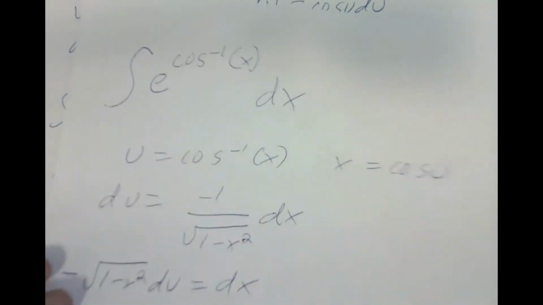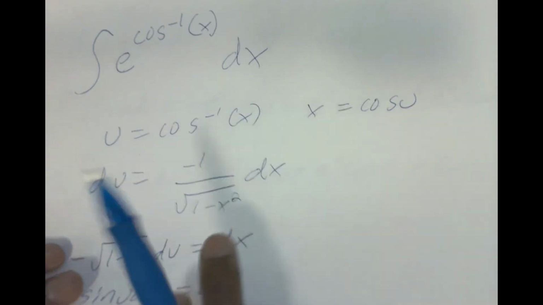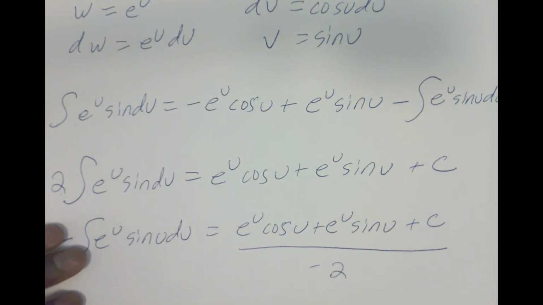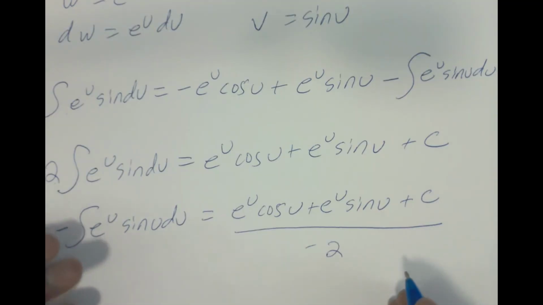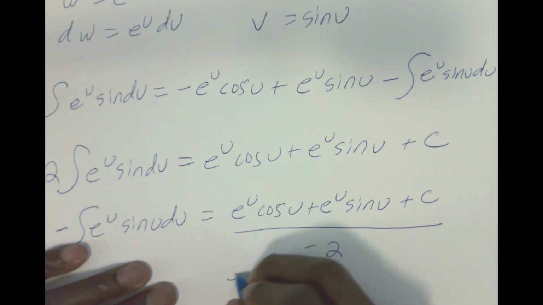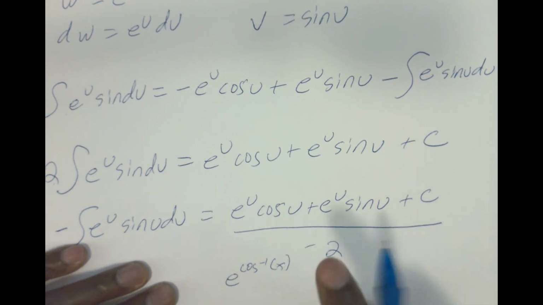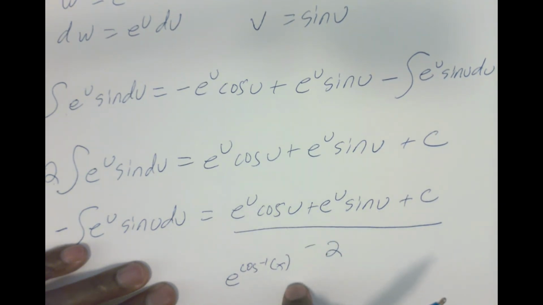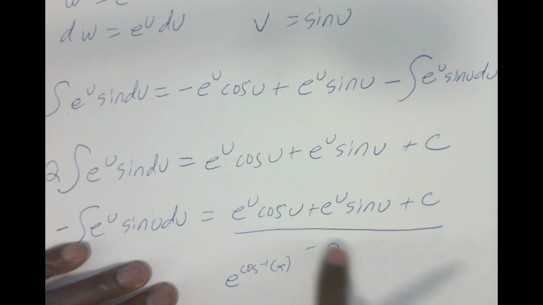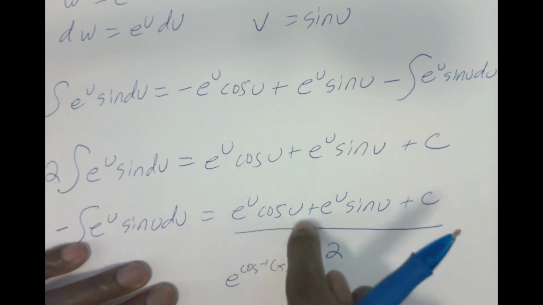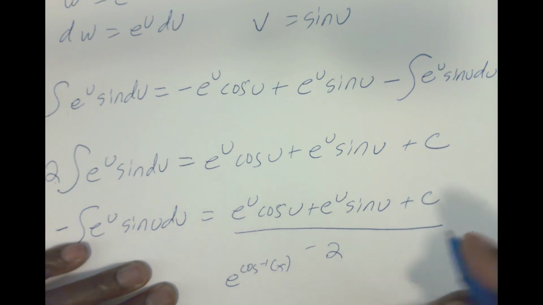We do want to rewrite it back in terms of x. It's now in terms of u. And so please remember, let me go back to one of my earlier sheets, that u is the arc cosine of x. So let's go ahead and substitute this back in terms of x. I think I have enough room to do it here. So this will be e to the power of arc cosine x times cosine of arc cosine x. So the cosine of arc cosine x is x.